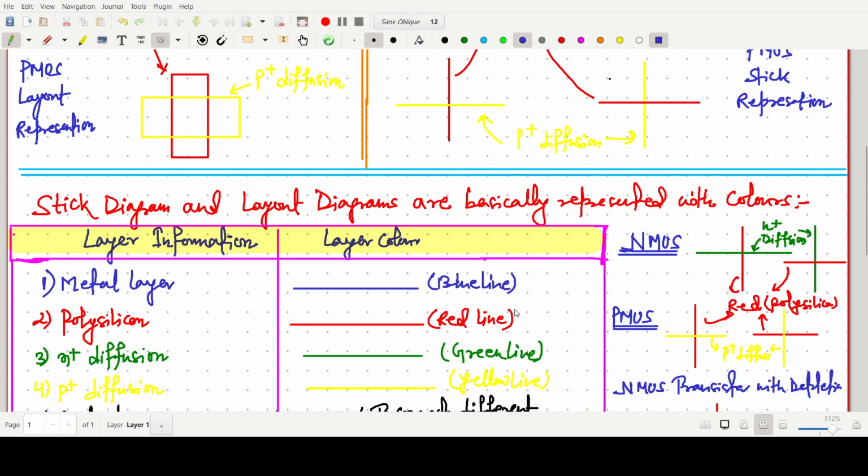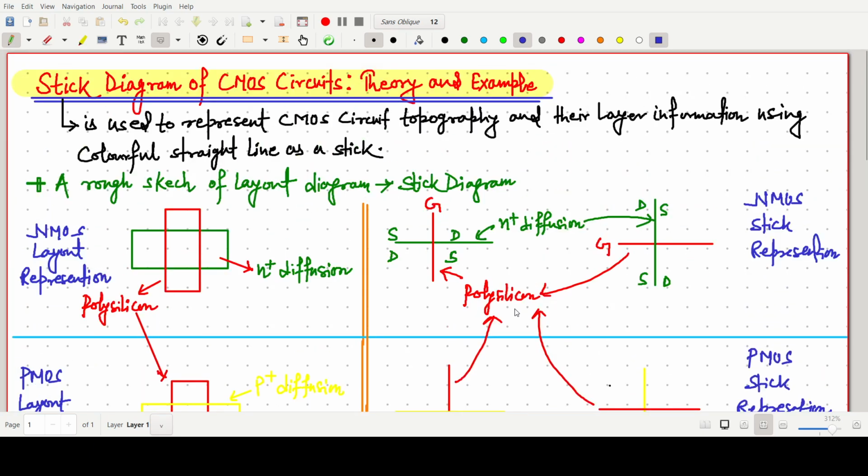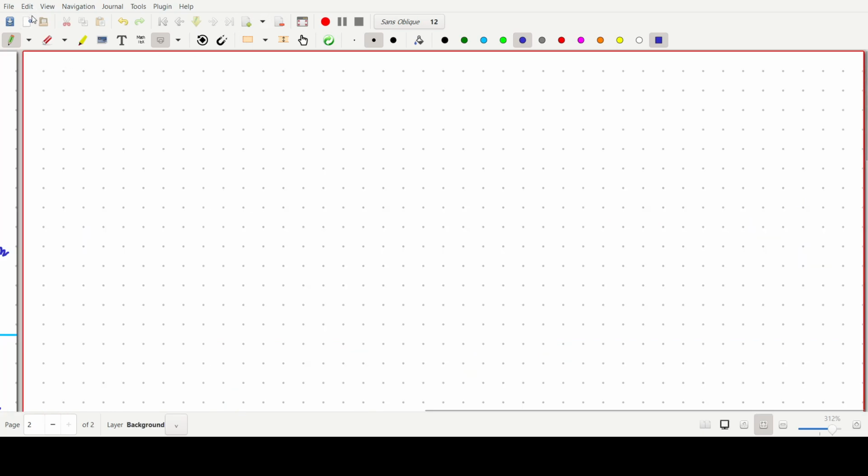Now we will go for one example: the stick diagram of a CMOS inverter. So we have to go to a different page. I am writing here: CMOS inverter stick diagram.